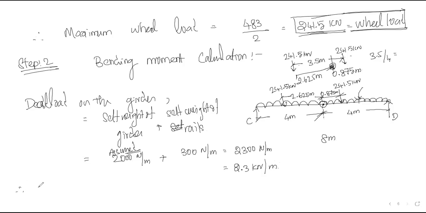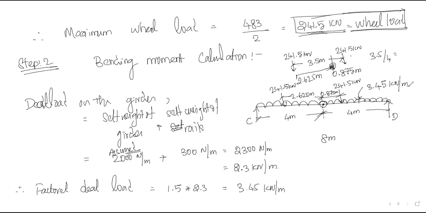Therefore, the factored dead load of the girder is equal to 1.5 into 2.3. So it becomes 3.45 kilonewton per meter. This is our dead load on the gantry girder, which is acting as a UDL.